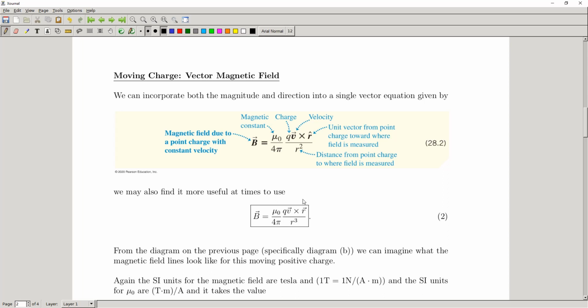We just have r. And remember that this is because we can write r hat as r over r. So we're just replacing r hat here with an r over r. We end up with r on top, but we pick up an extra factor of the magnitude of r in the denominator. So sometimes it's more useful to use it this way. Both ways work depending on the information you have in the problem.